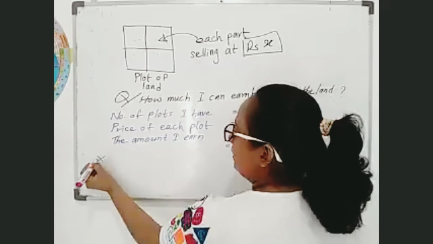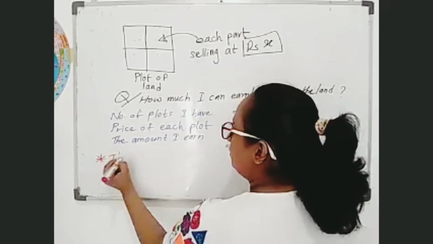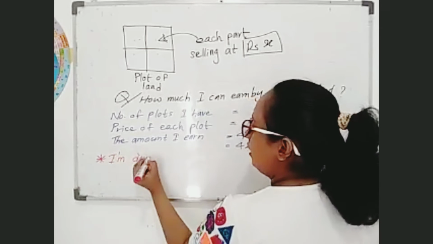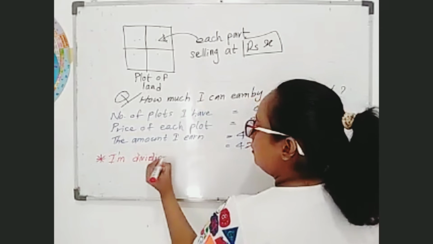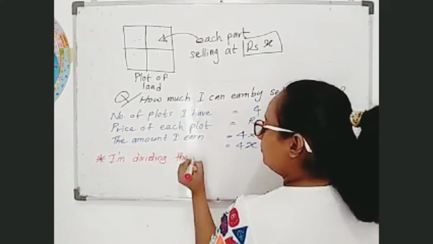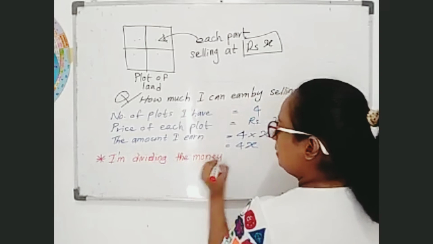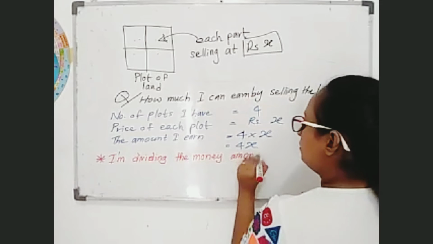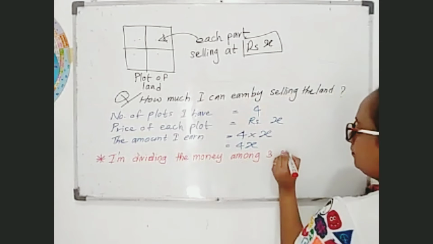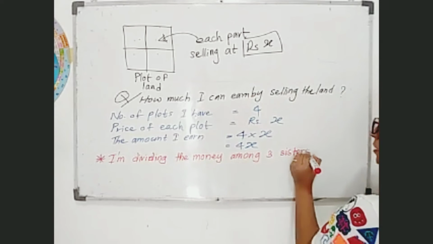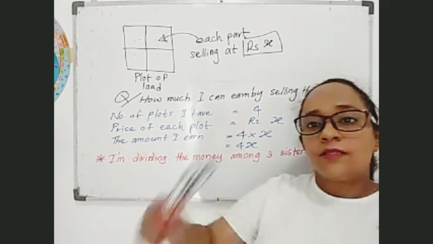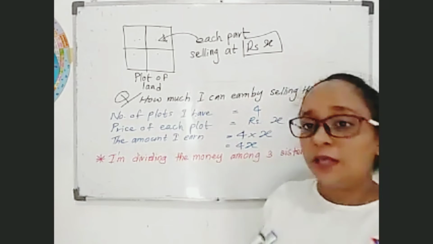So next thing is I am dividing the money among 3 sisters. I'm dividing the money among 3 sisters. මගේ සහෝදරියෝ 3 දෙනා එක්ක මේක බෙදා ගන්නවා.